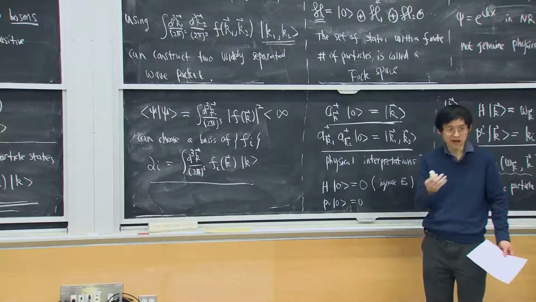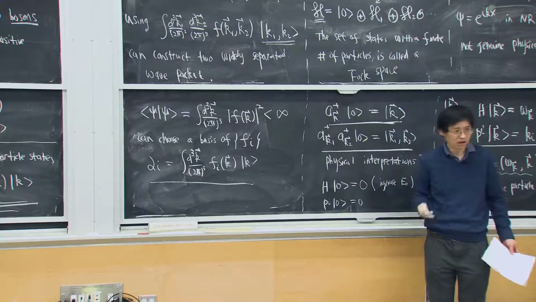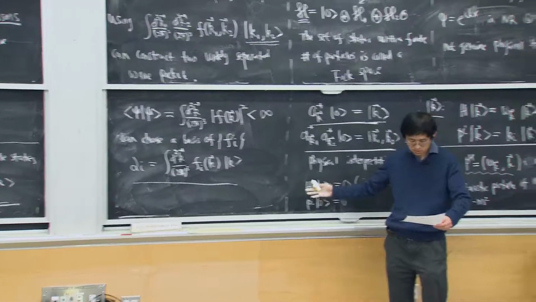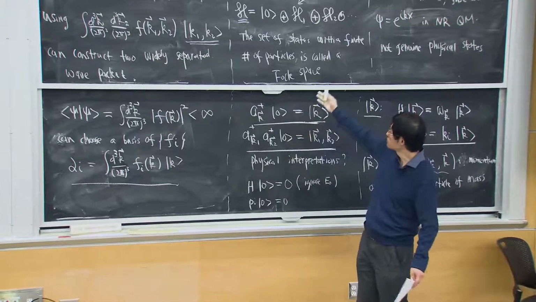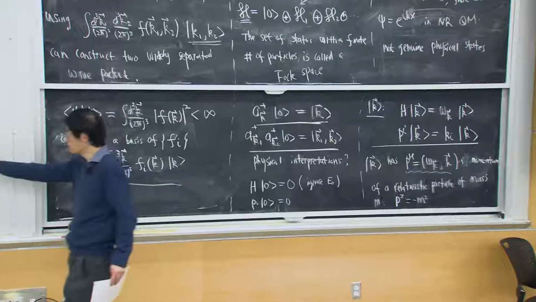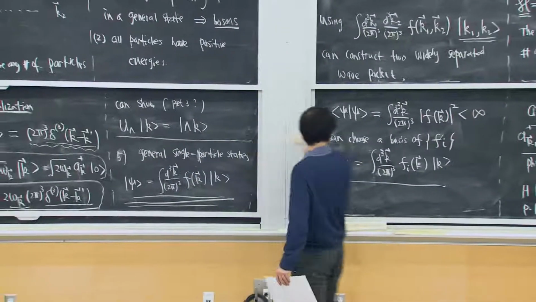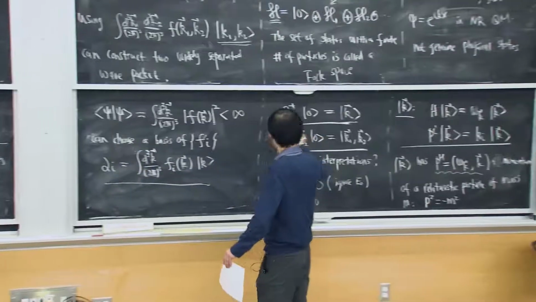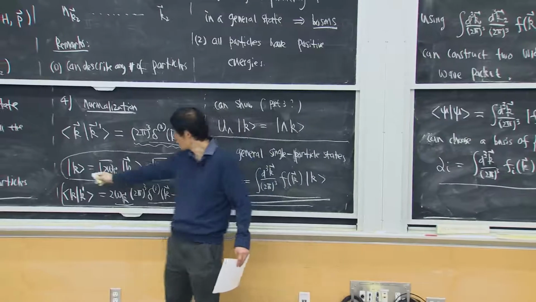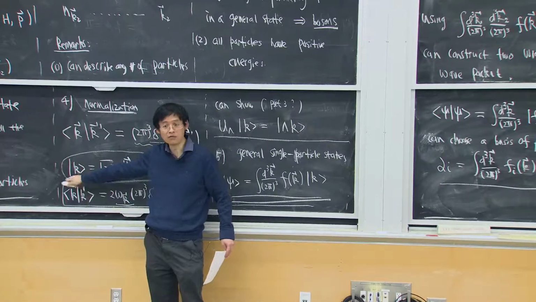So here is a fun fact related to the earlier question that was asked. Naively, if you look at the k, so k form a basis. Let's again just look at the single particle state. Naively, this k form an uncountable continuum of basis of states.